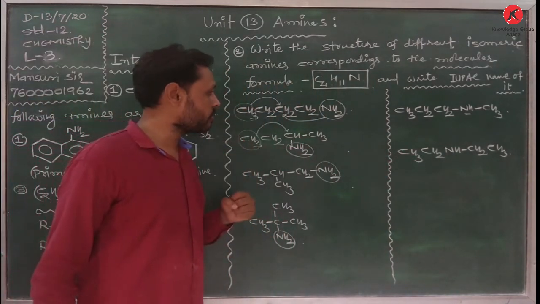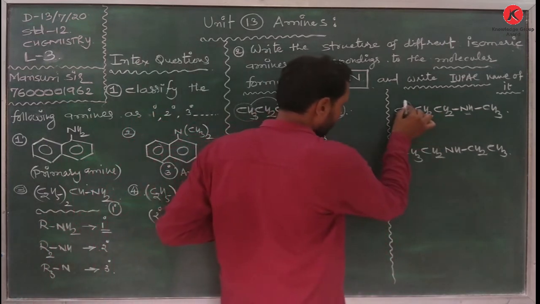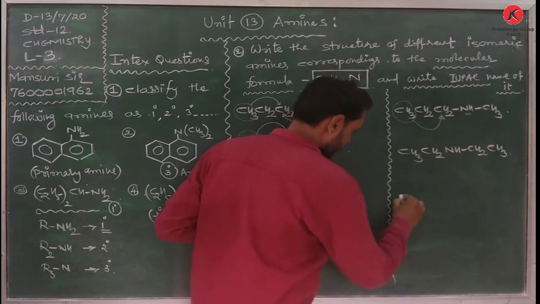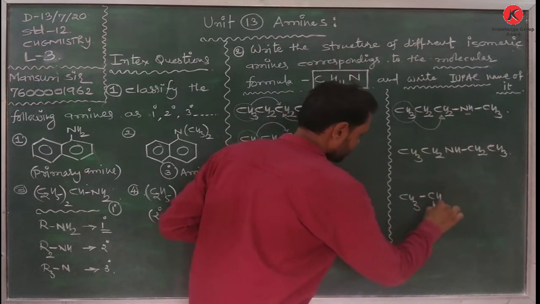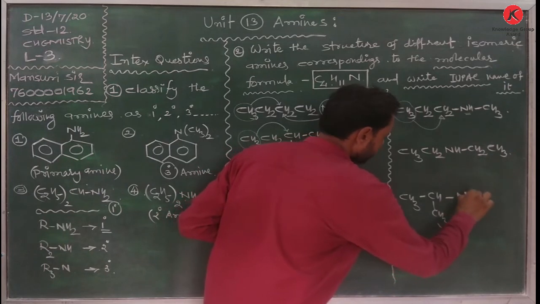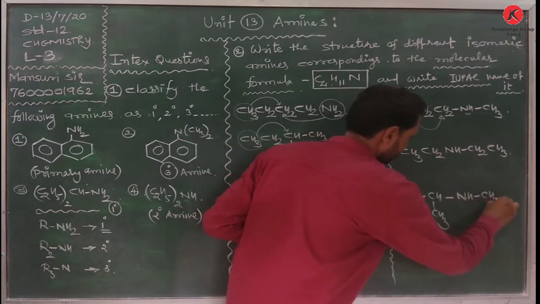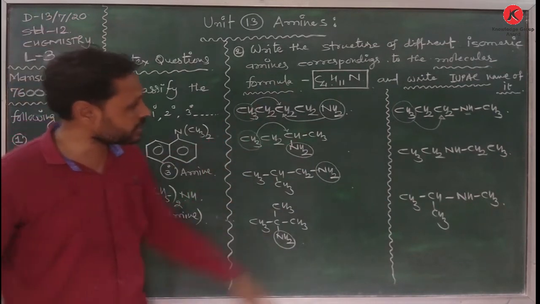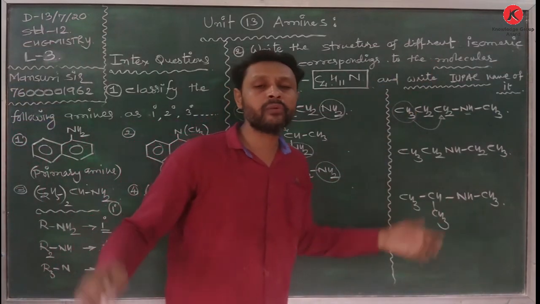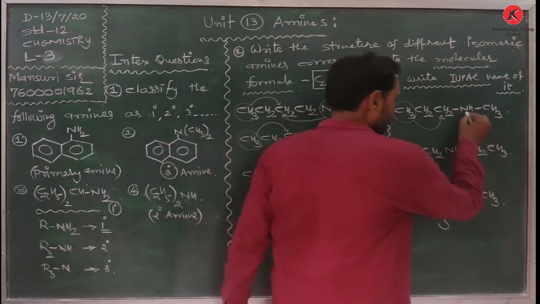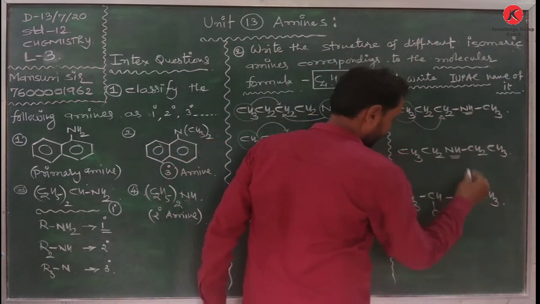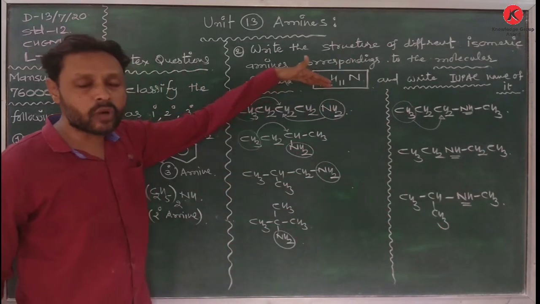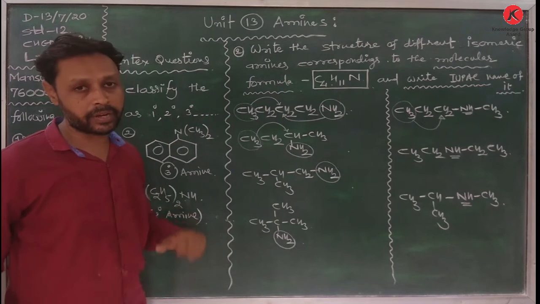Okay, now this methyl can be put over this carbon, so we can make CH3CH(CH3)NHCH3, right? This is my primary amine, this is my secondary amine. Why are we using the word secondary amine? Because nitrogen contains only one hydrogen in all these three compounds. Here nitrogen contains two hydrogens, that means this is my primary amine.